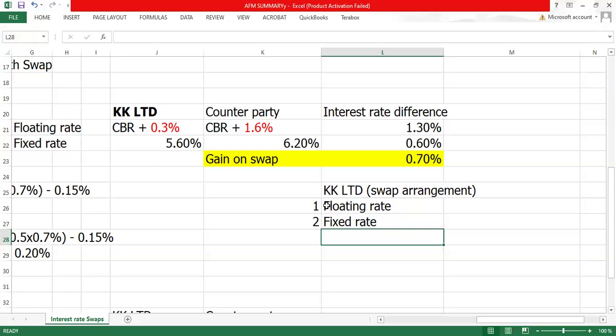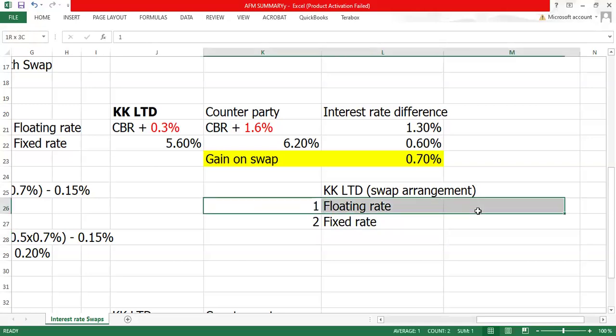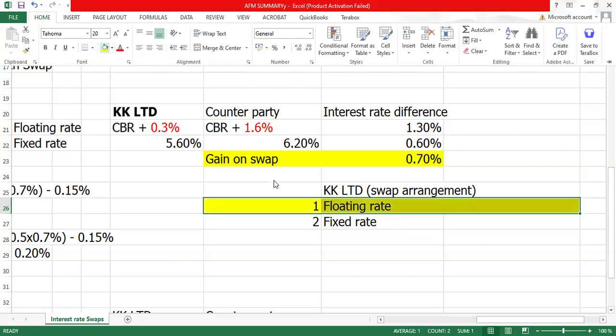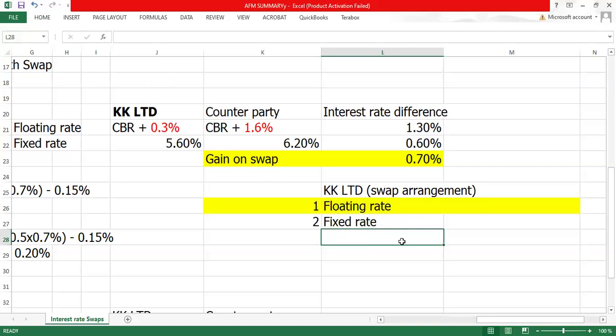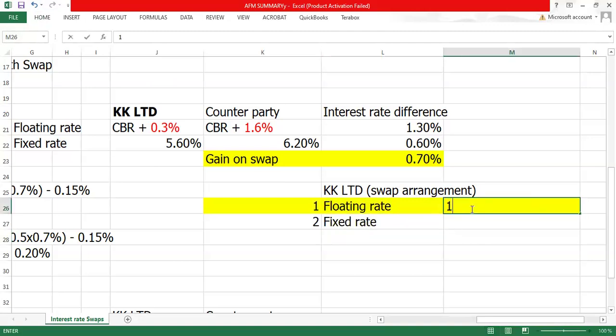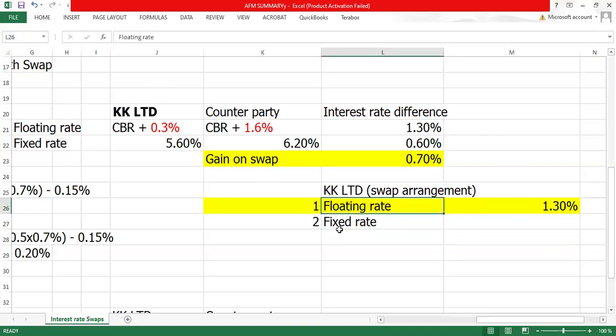The floating rate. So we benefit more when we are paying a floating rate, where we are saving 1.3%. You are benefiting more when you're paying a floating rate in swap arrangement.